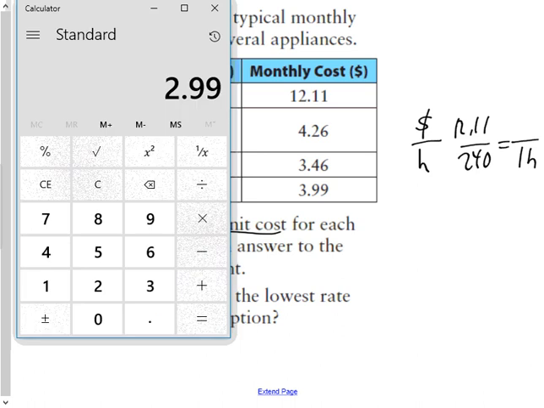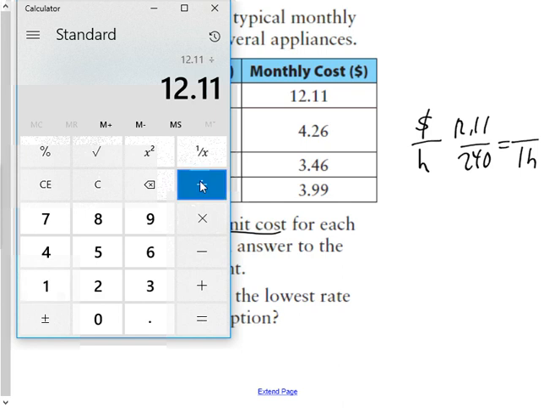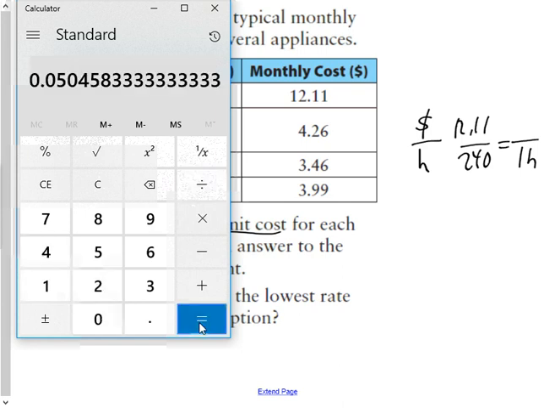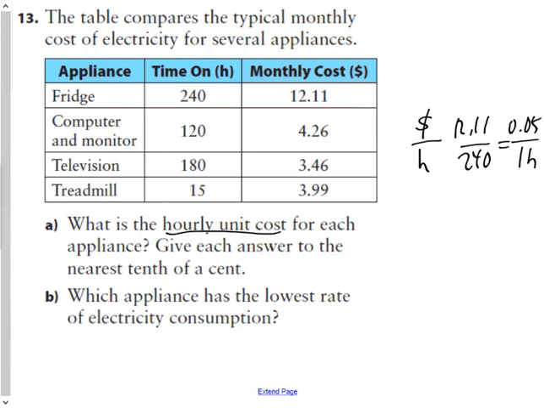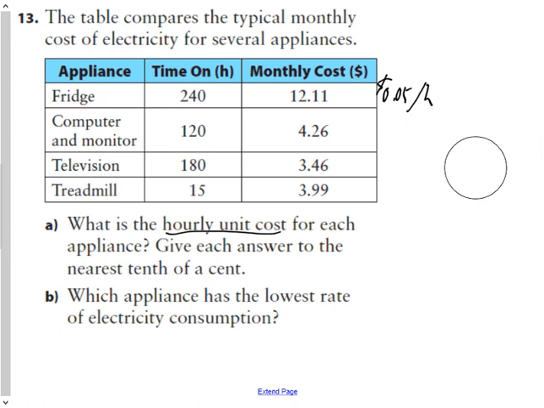If I take the $12.11 and divide it by 240, I realize it costs me just a little bit more than a nickel per hour to run my fridge. So the unit rate for the fridge would be $0.05 per hour, or a nickel an hour.